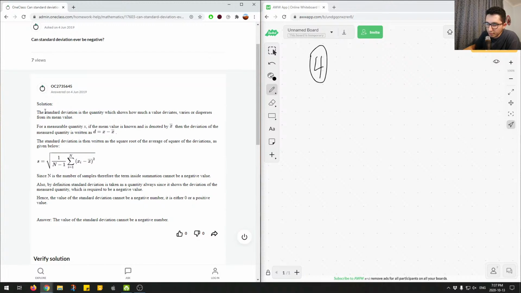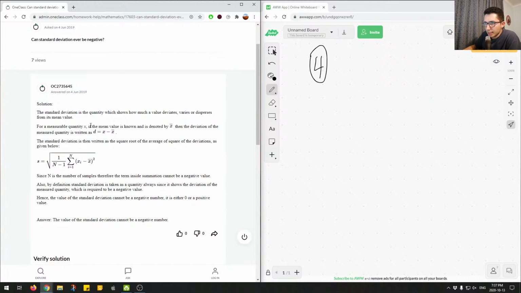So the standard deviation is the quantity which shows how much a value deviates, varies, or disperses from its mean value. So if we had a data set of values, the standard deviation is telling us how much these values deviate from the mean.